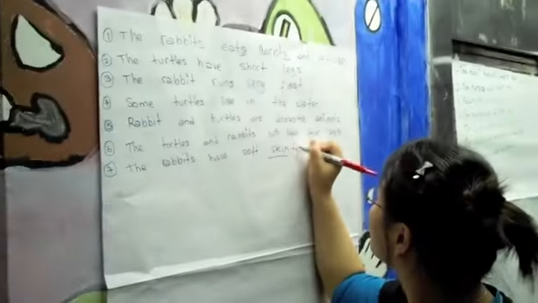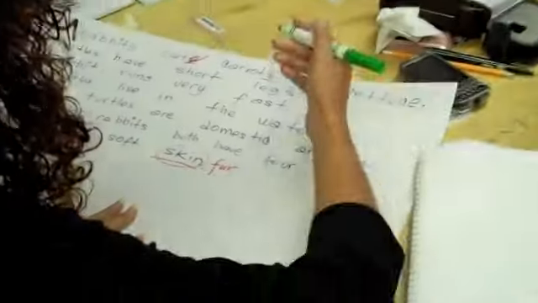Skin. Fur. Each group is taking a newsprint that is not theirs, and they're going to change the affirmative sentences to negative. So the yes becomes no.